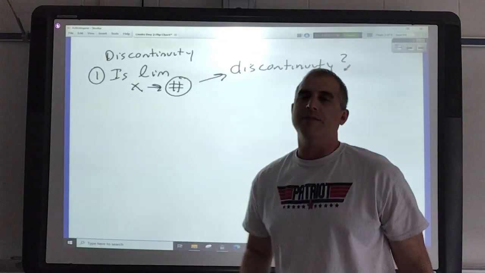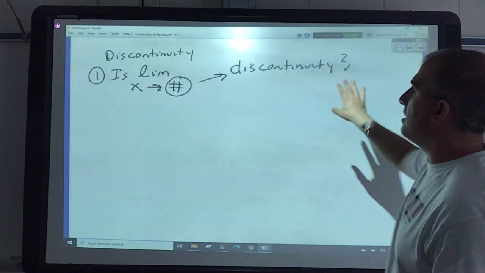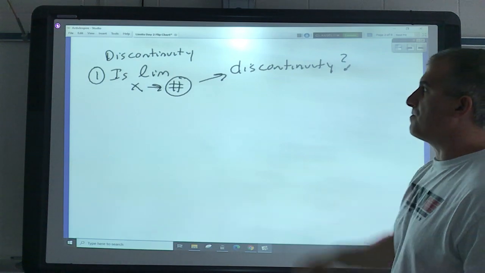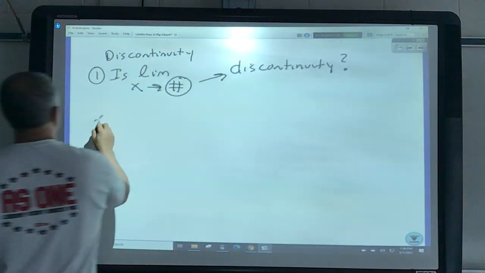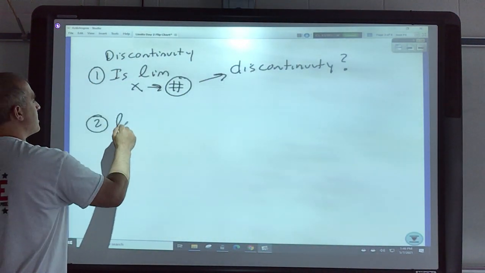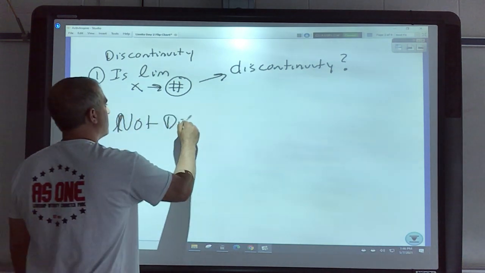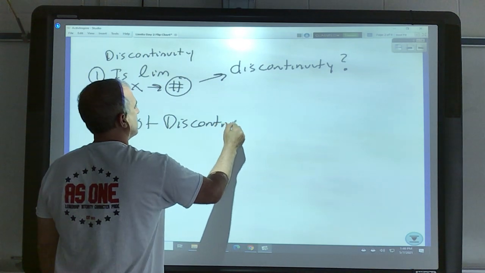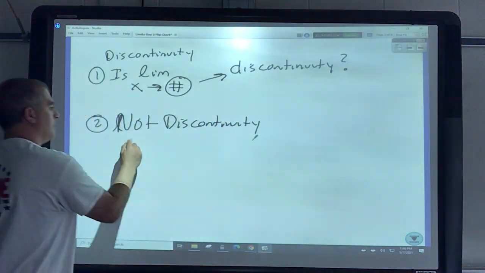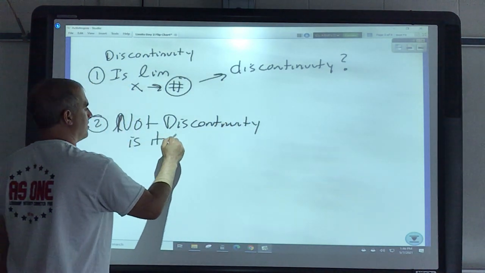Sorry, hold on one second. If the thing is not approaching the discontinuity, that's a part. Is it in a continuous part?